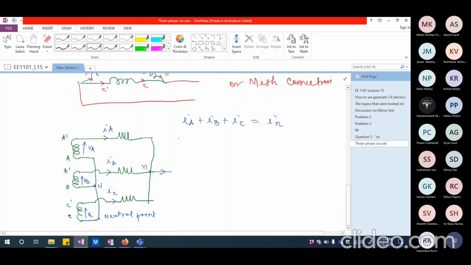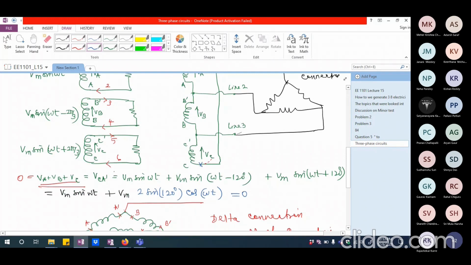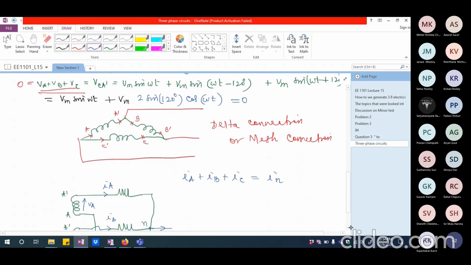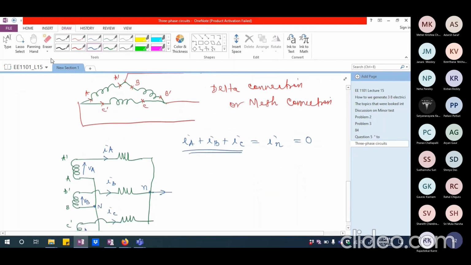If I try to add these things, this is again very similar to what we got as VA plus VB plus VC. After all, if it is a resistive load, the currents will also be exactly at 120 degrees phase shift from each other. So this will come out to be 0 provided IA and IB and IC are exactly balanced.